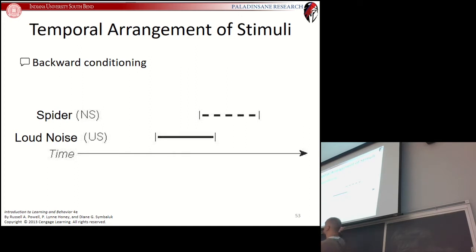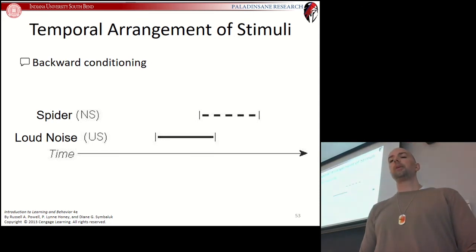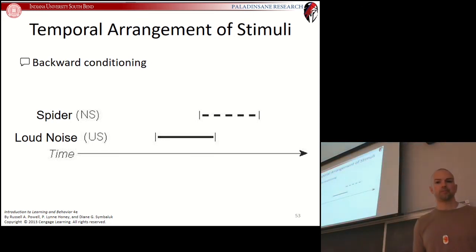So importantly, this is usually completely ineffective. Seems to be most effective for us in humans as fear conditioning. So again, if you just have a fearful experience, unconditioned fearful response, and then you look up and you see a spider, those two together, even though it's backwards, can oftentimes lead to that spider becoming a conditioned stimulus.